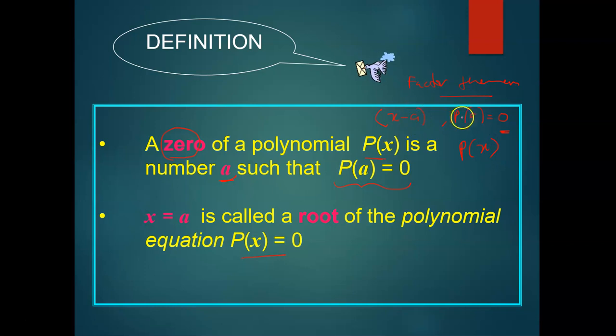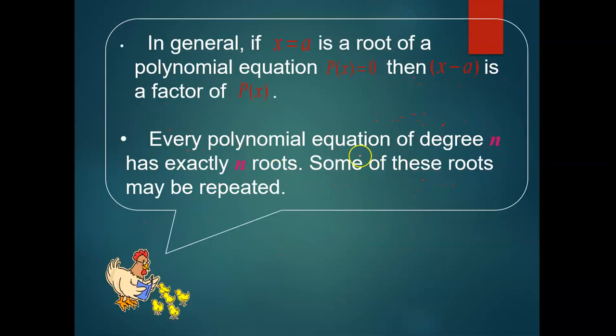In other words, this a is the zero of the polynomial p(x). And when you write it as x equals a, this expression is what we call the root of the polynomial equation p(x) equals 0. It's just the same, it's just related.